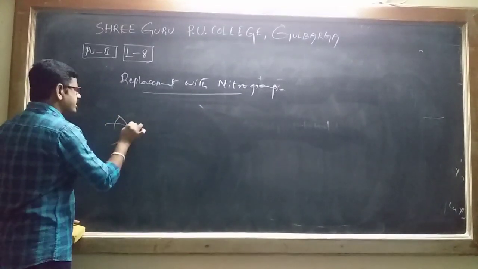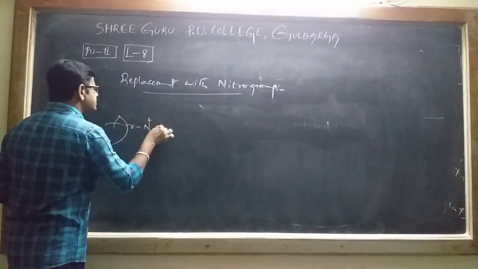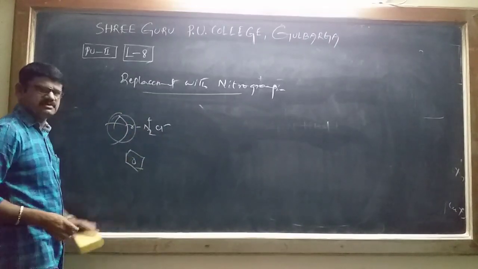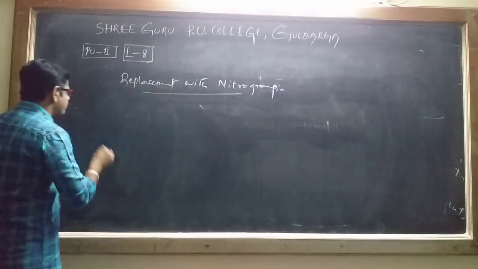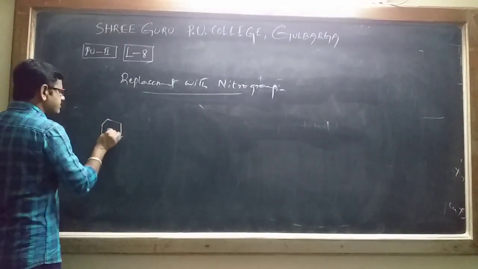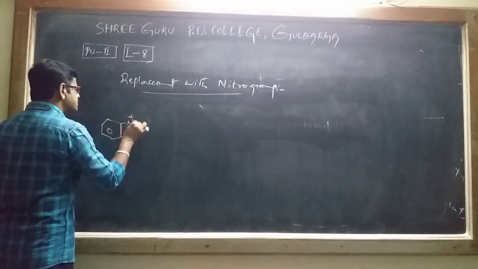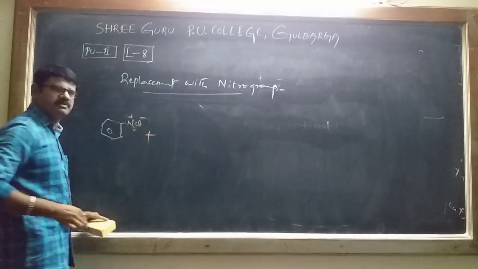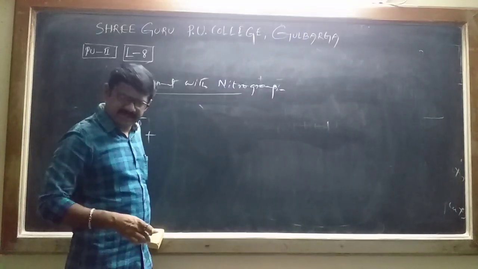Okay, see here you can use Ar, N2 and Cl minus. Instead of Ar, we can also write ring, it doesn't matter. Now I'll use the benzene ring here, N2 plus Cl minus.